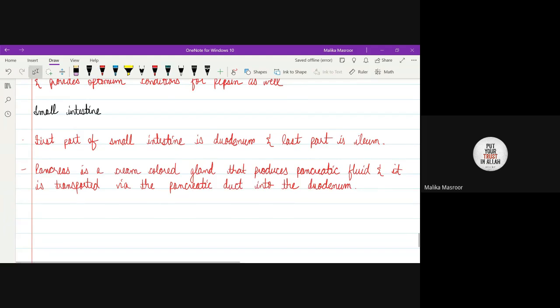It contains many different enzymes, so chemical digestion continues in the duodenum.